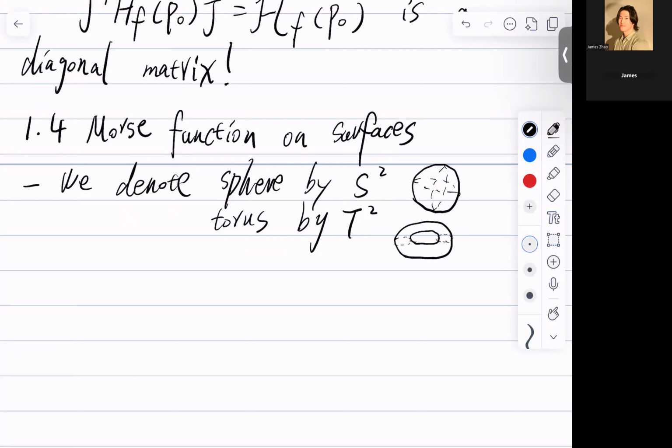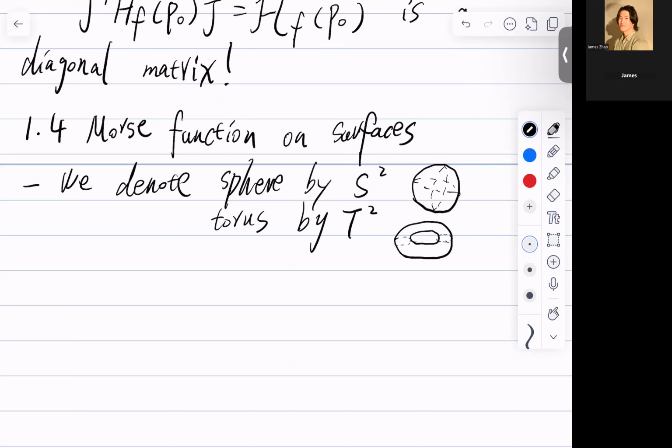Also, if you want to take a look at a better picture of a torus, make sure to look at the cover of this playlist, the Morse theory with no background playlist cover. There is a picture with a standing up torus. That's a perfect example, and it's a much better picture for you to view.